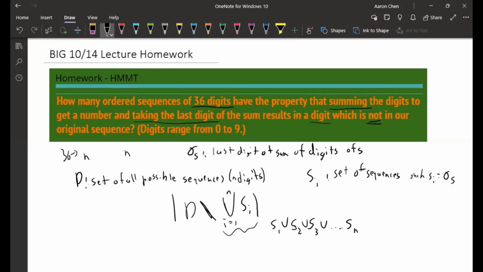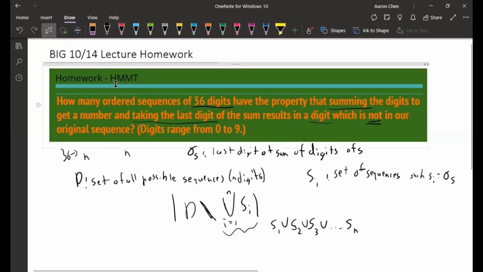The union of these two circles is the shaded area, and of course it extends to more sets as well. So this is what we're trying to find.